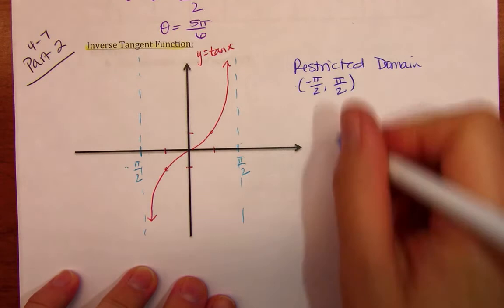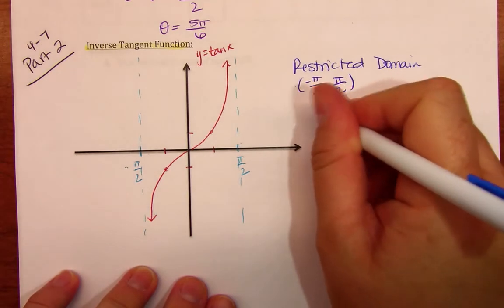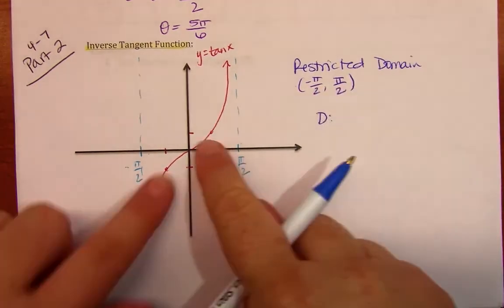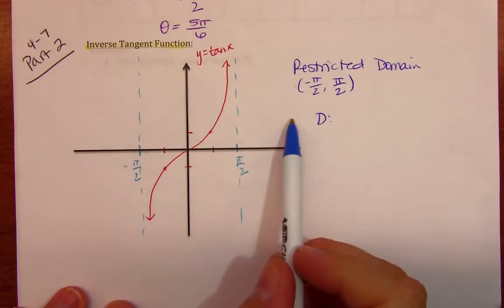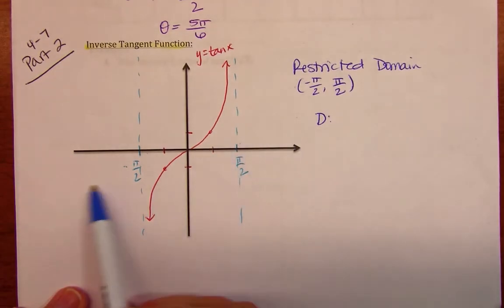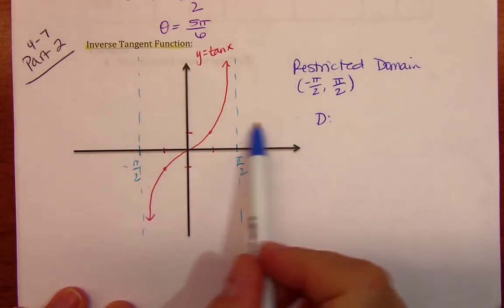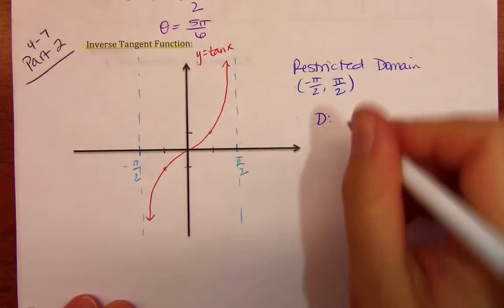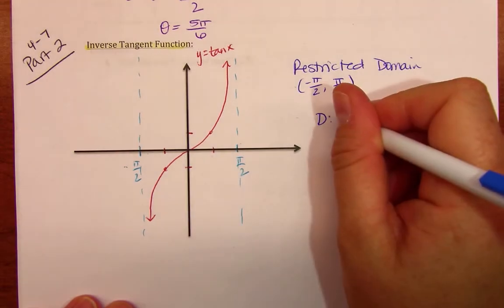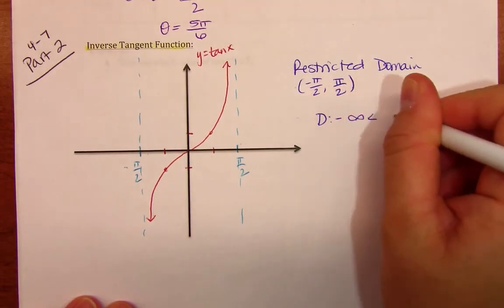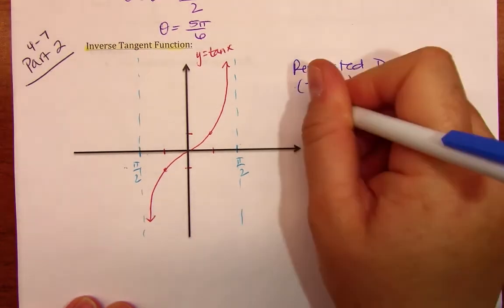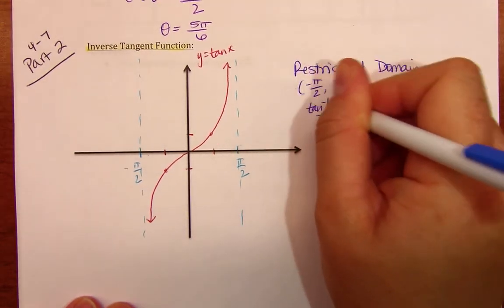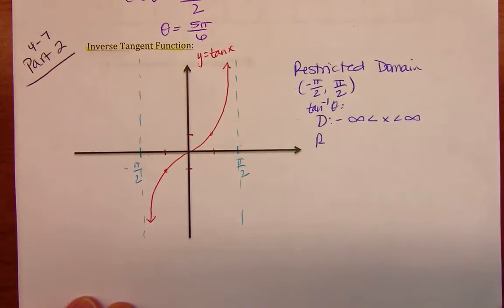So, looking at our domain and range, well, if we flip this over, if we switch those coordinates, inverse tangent will look like this. It'll almost look like the cube root function. And so our domain would be all real numbers, so negative infinity to positive infinity. And this is for inverse tangent.